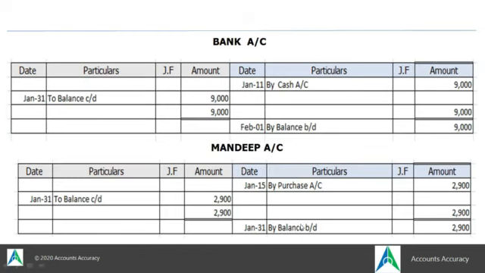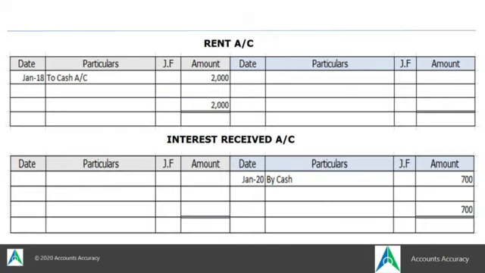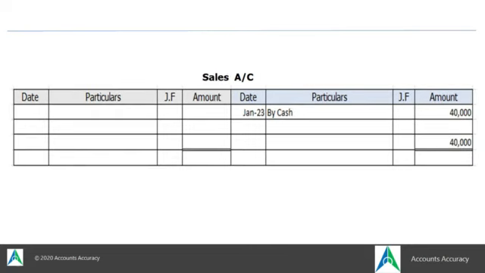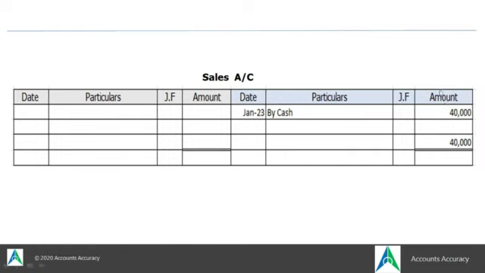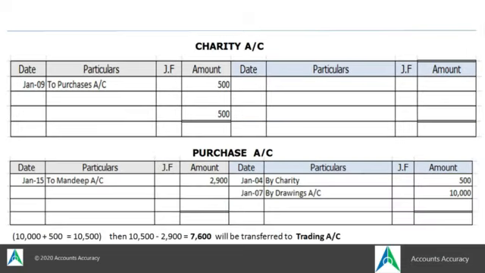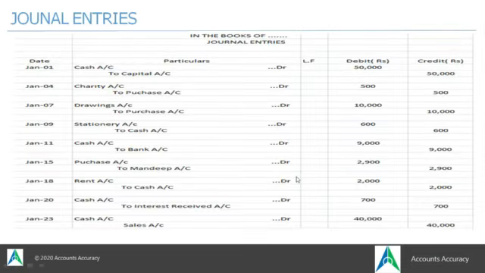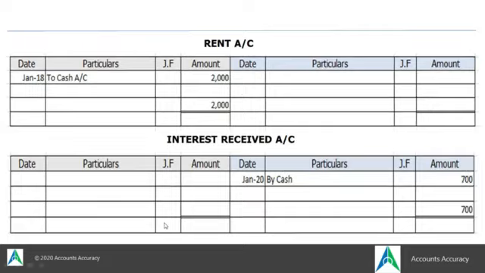Now our last ledger account is the sales account. All the entries related to sales will be posted to this ledger account, and here we have just one entry related to sales, that is on January 23. So you will write it as by cash on the right hand side, 40,000.